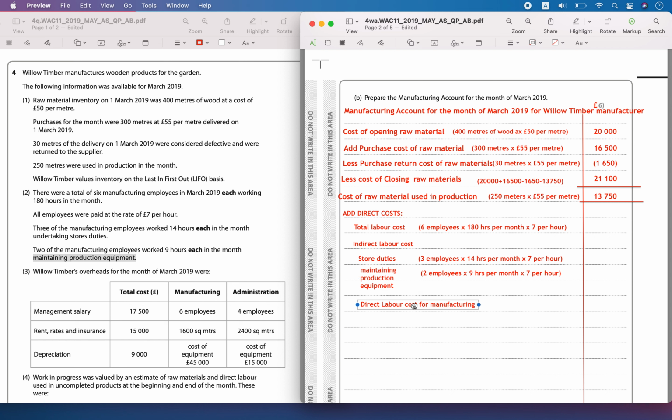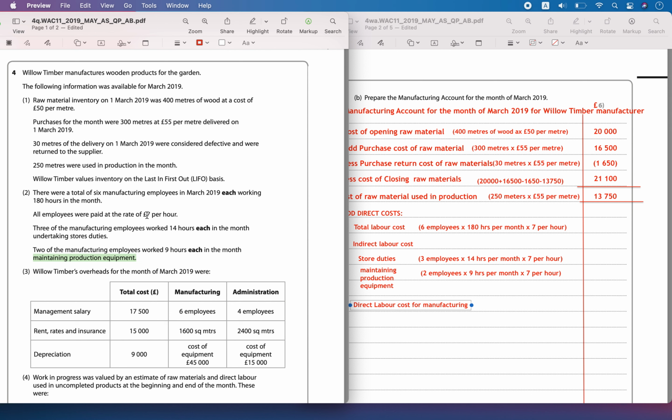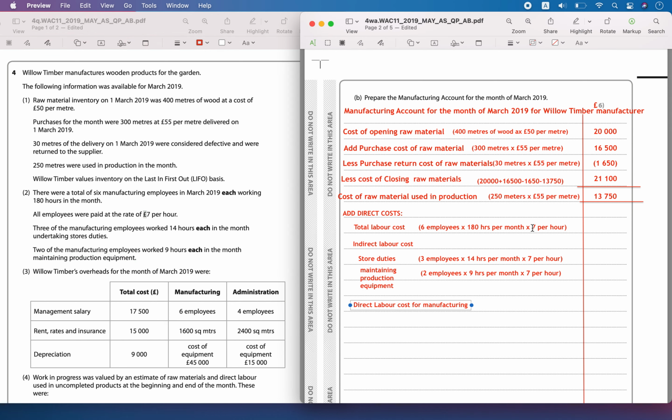So let's multiply 6 into 180 into 7 pounds per hour. So the cost is going to be equal to 7560 pounds.